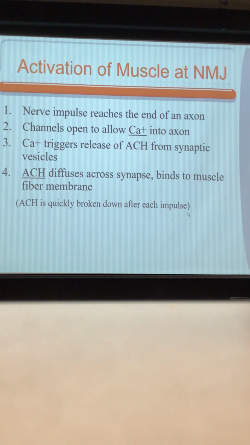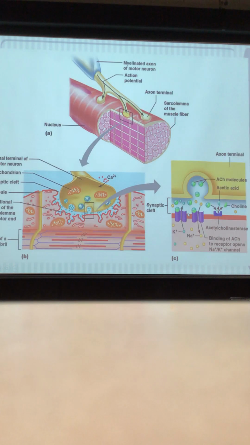When that nerve impulse reaches the end of the axon, calcium channels open and calcium comes in. That electrical current triggers calcium channels to open and calcium comes in.